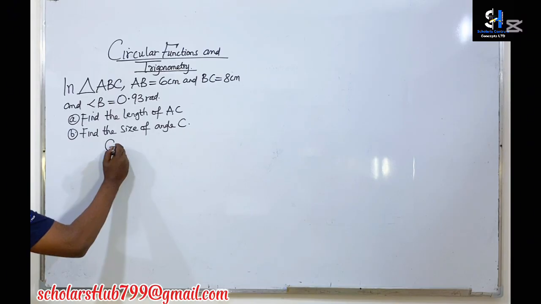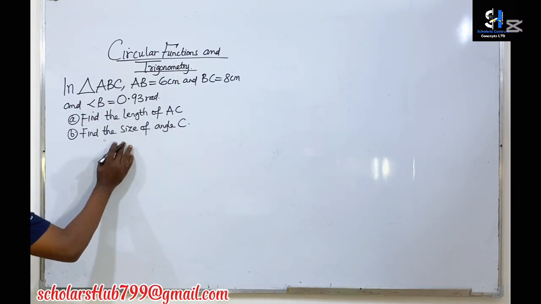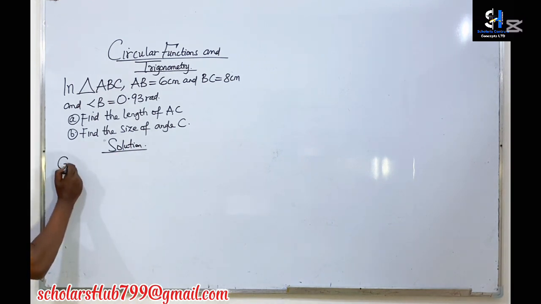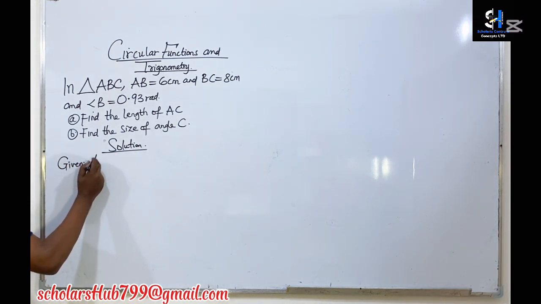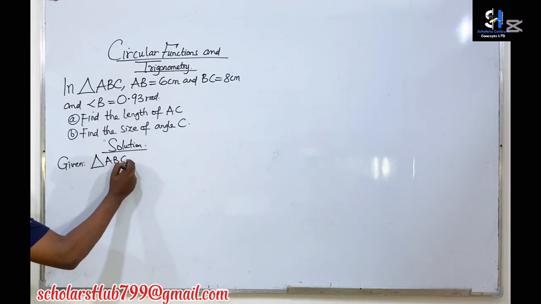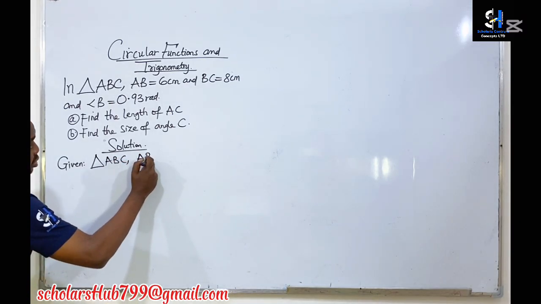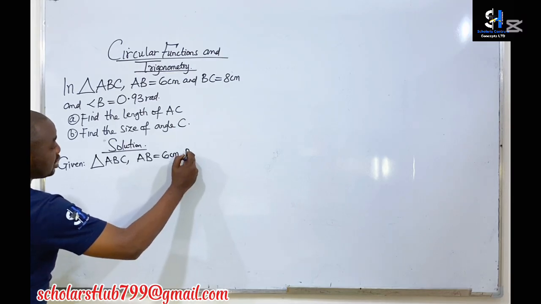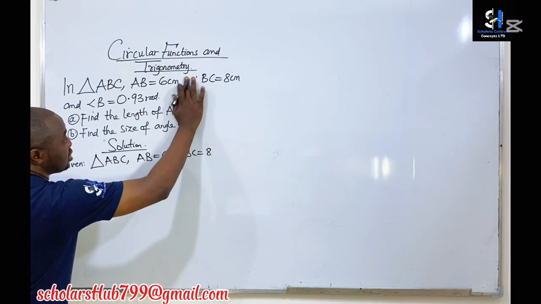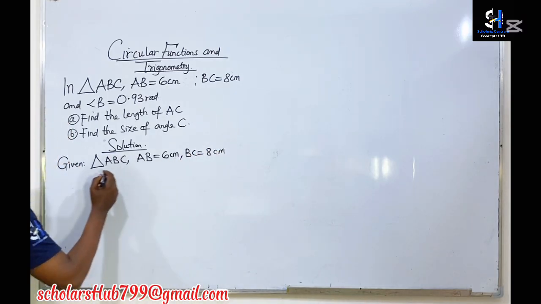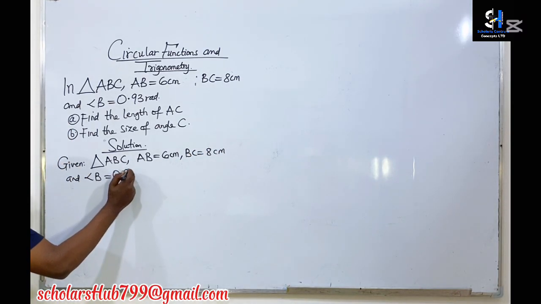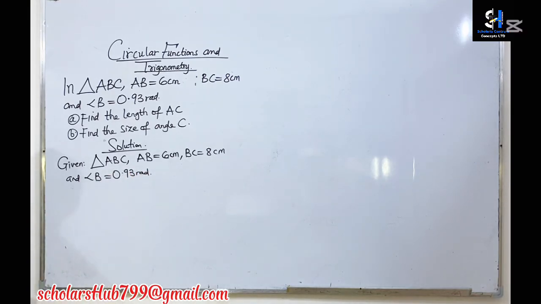First things first, let's write down what we are given. We are given triangle ABC, with side AB equals 6 centimeters, BC equals 8 centimeters, and angle B equals 0.93 rad, that's radians.